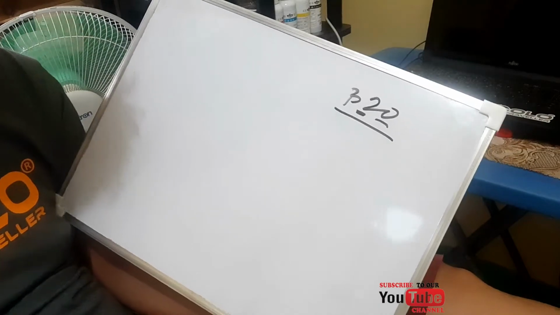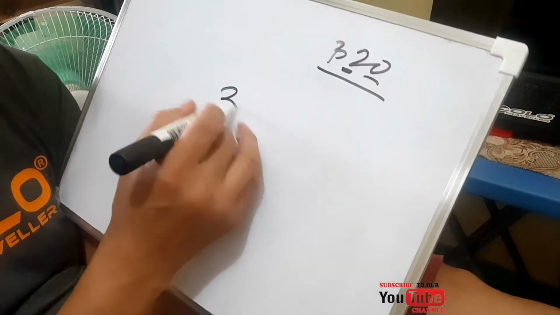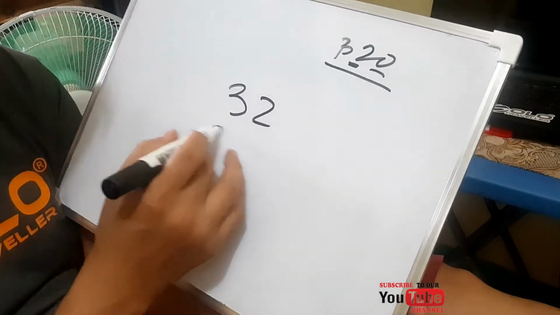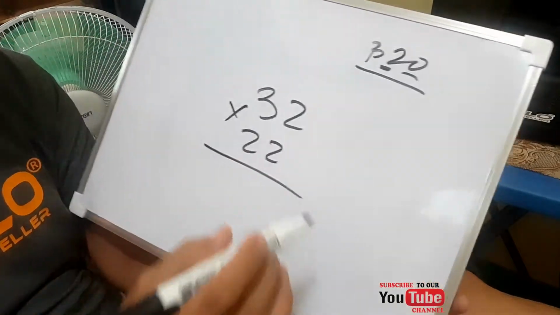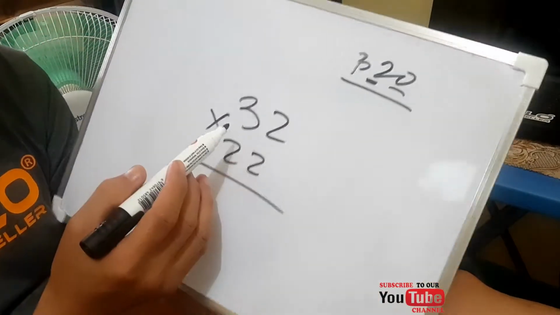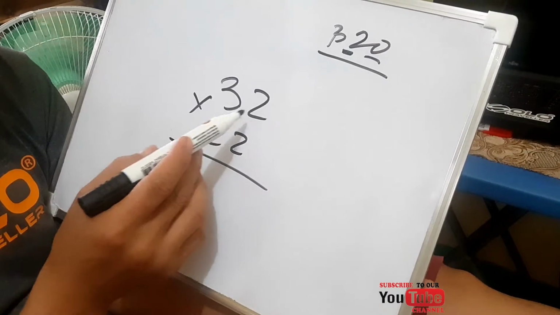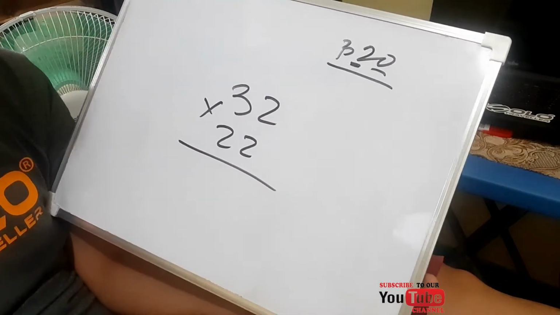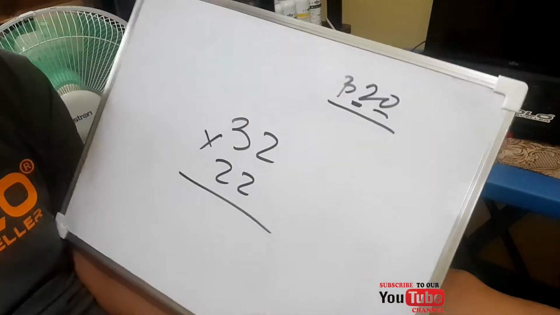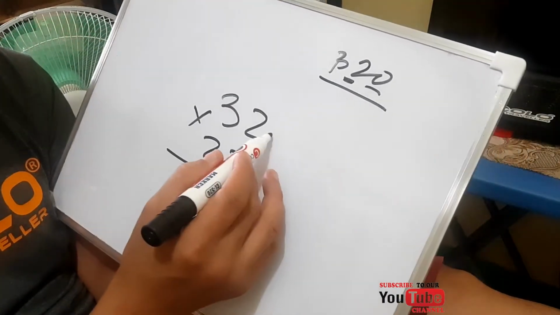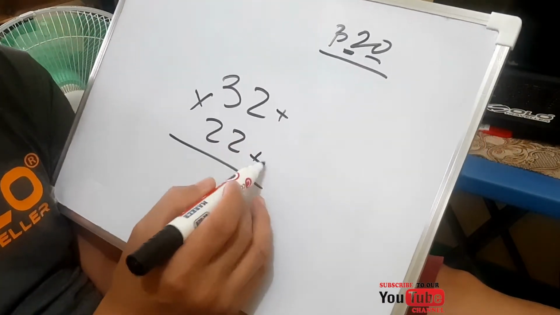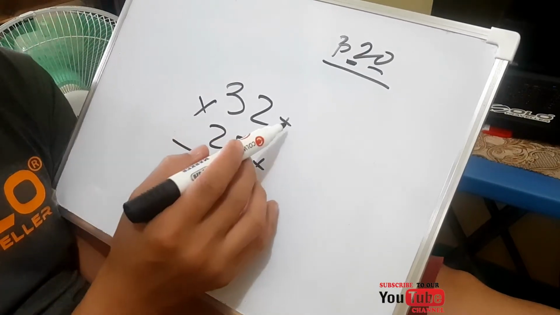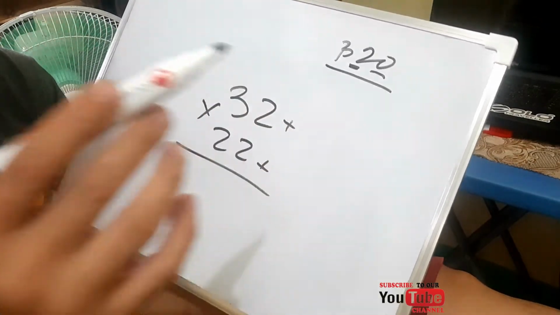And what about 32 times 22? Okay, look, we're still in base 20. But the problem is that our number is bigger than the base. So, like what we did in the previous example in our base 10, we'll find the distance. How much is the distance of this from 20? 12.